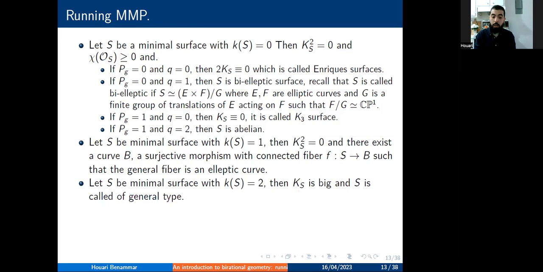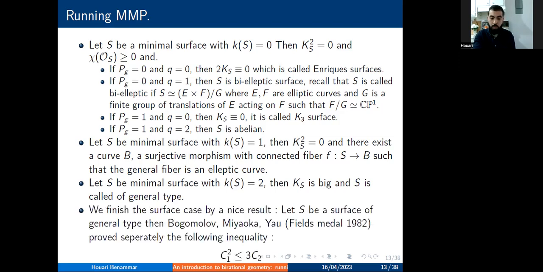And when S is a minimal surface with Kodaira dimension equal to 2, then the canonical bundle is big, and this surface is called of general type. So we finished the surface case with a nice result.